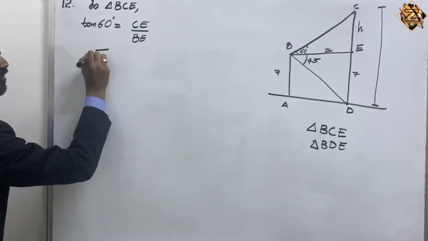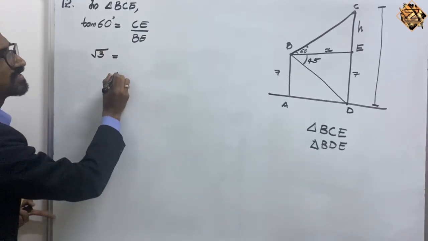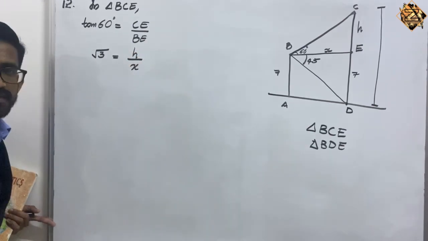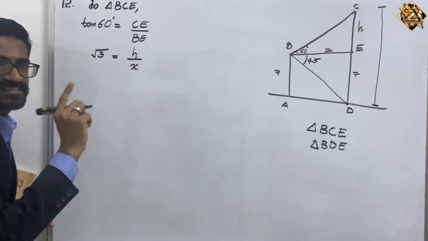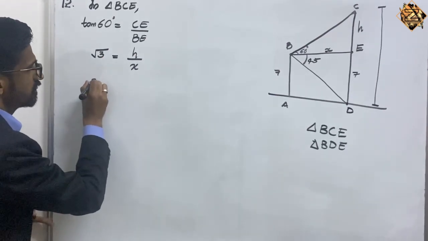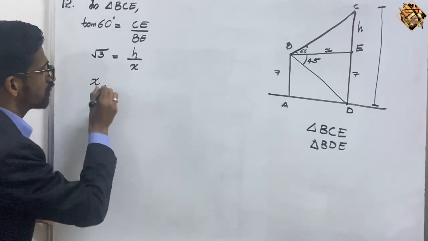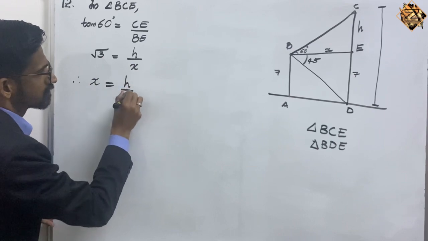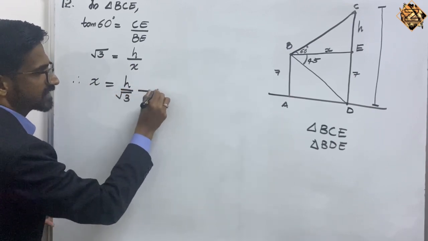Tan 60's value is √3 equal to CE, that is H, by BE, that is X. Here the common side for both the triangles is BE, that is X, so we'll make an equation using X. Therefore X equal to H by √3. Take it as equation 1.